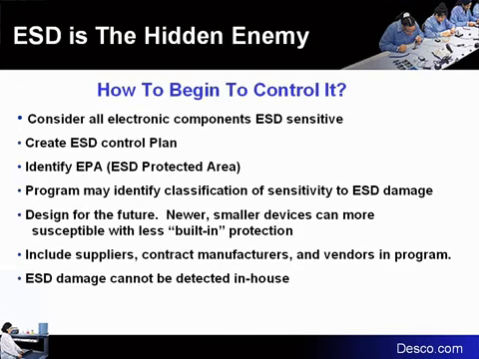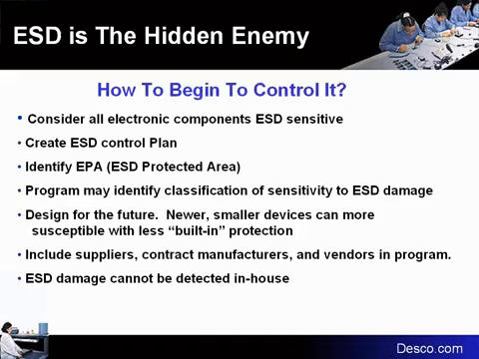So what we need to do is understand how we need to control static electricity and protect our devices at the workstations. One, we need to have a company ESD control plan, which would typically be a written control plan. We need to identify an ESD protected area, or an EPA. Sometimes people will identify different classifications for different EPAs.